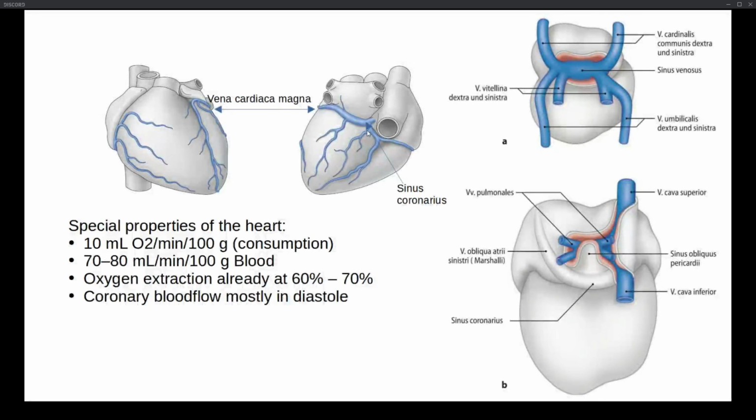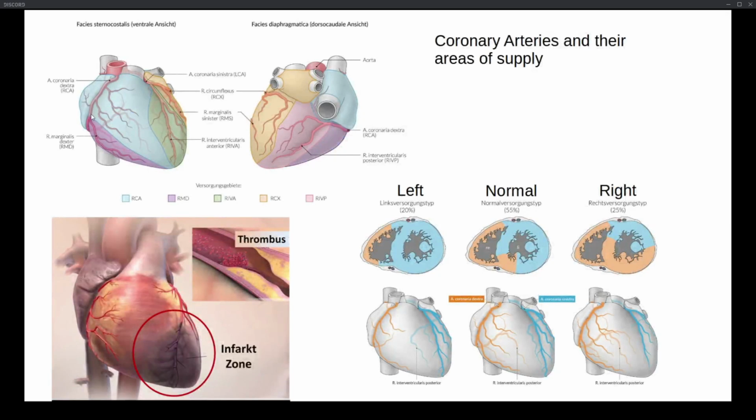What you have to do is pump more blood through the vessels to get more oxygen to it. You can't just make the extraction higher. And what is also interesting is, due to the nature of the heart, whenever the heart contracts, so in the systole, these blood vessels will be pressed out.